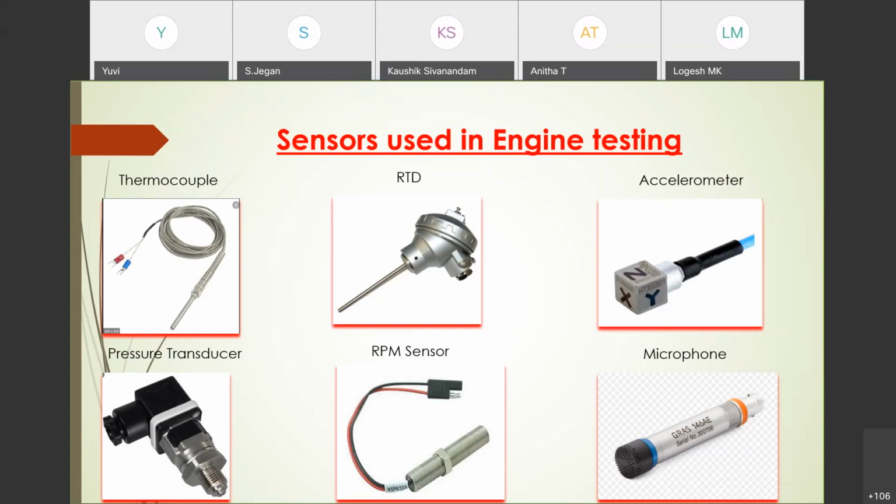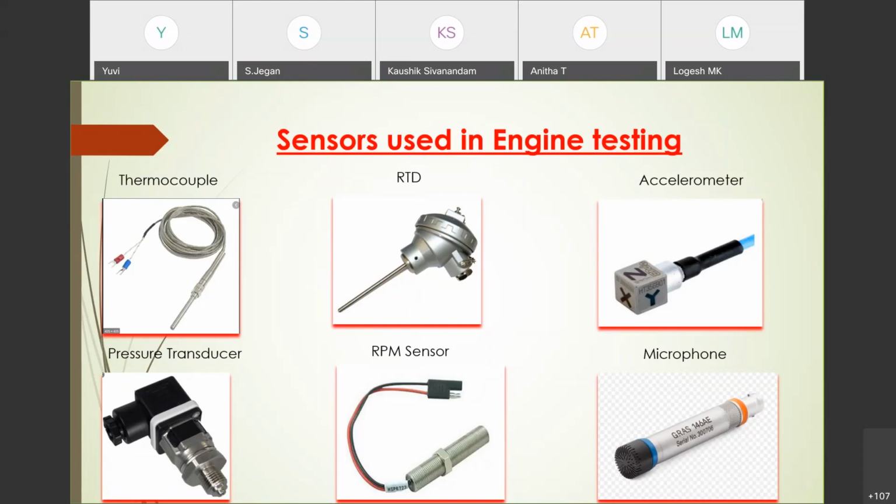So the next sensor we are going to talk about is the accelerometer. What is an accelerometer? An accelerometer is a sensor to measure acceleration or vibration. We have different technologies involved in accelerometers: piezoelectric type, piezoresistive type, and MEMS type. These are the common types we use in industry.